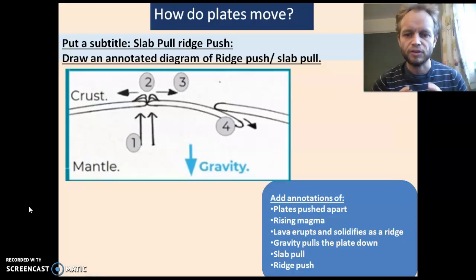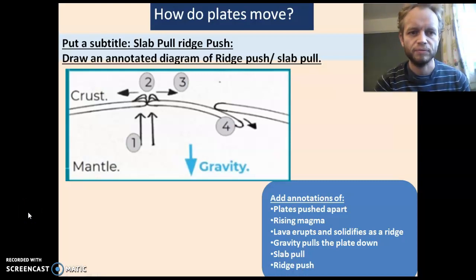Where is the magma rising up? Where have we got lava erupting and solidifying as a ridge? Gravity pulling the plates down. Where have we got slab pull, and where have we got ridge push? Okay, so pause the video again, and then we will get on with the second part of this lesson.